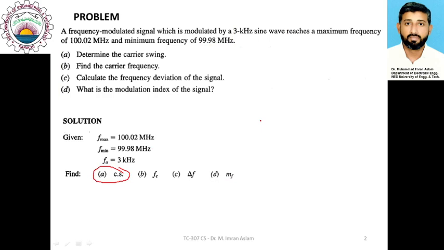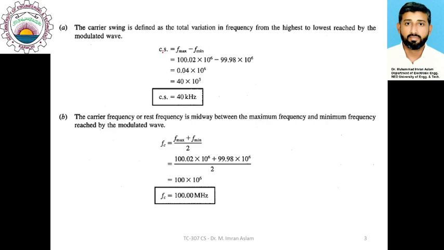We know that the carrier swing represents the range of frequencies, the variations obtained by the frequency modulated signal. So the carrier swing is the difference between the maximum frequency and the minimum frequency attained by the modulated signal.